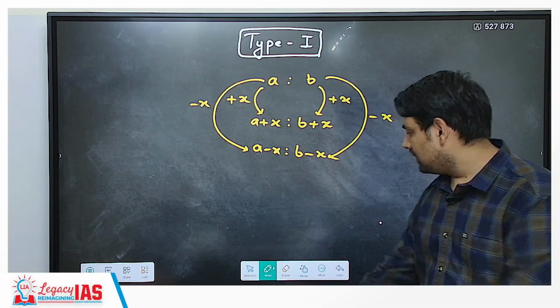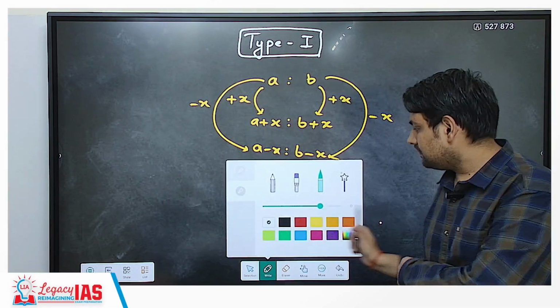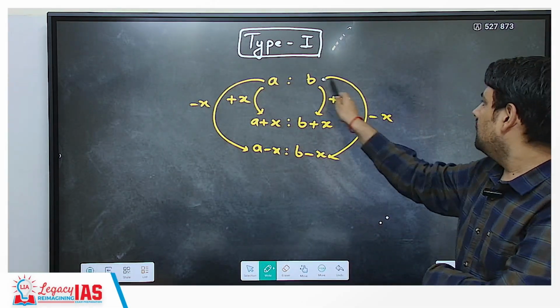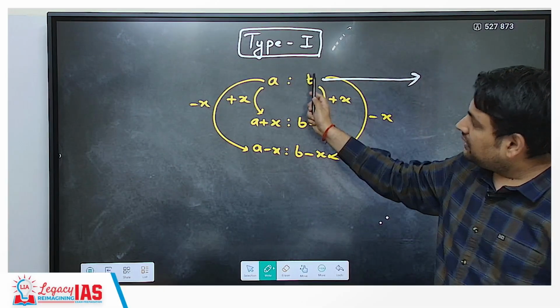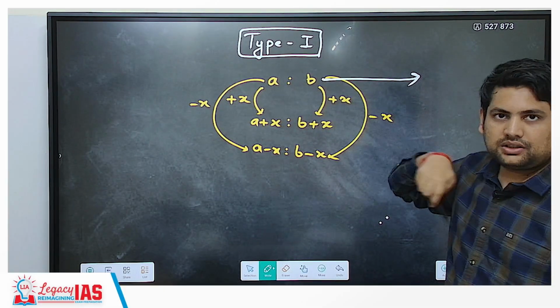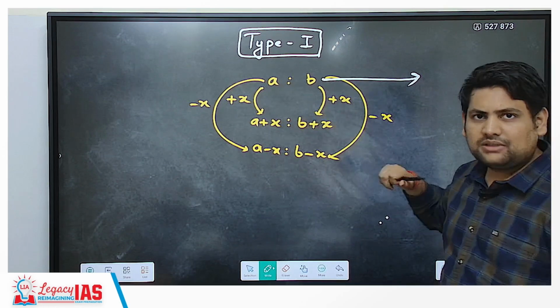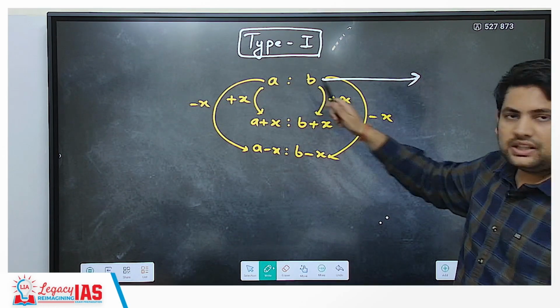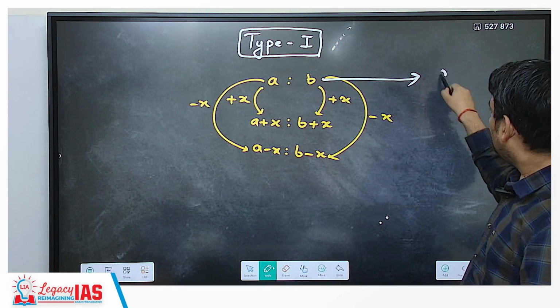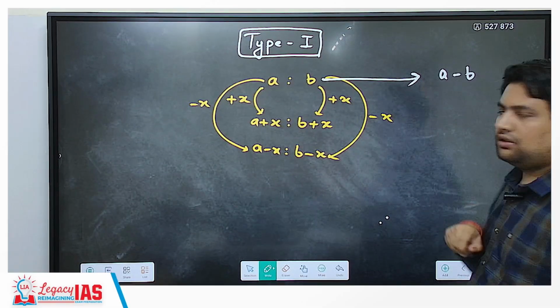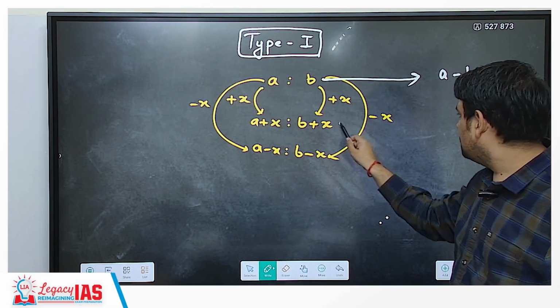If you observe carefully, see this. What is the difference between the second part and the first part, or the first part and the second part? This minus this gives you what? A minus B. Correct? Now, see this.